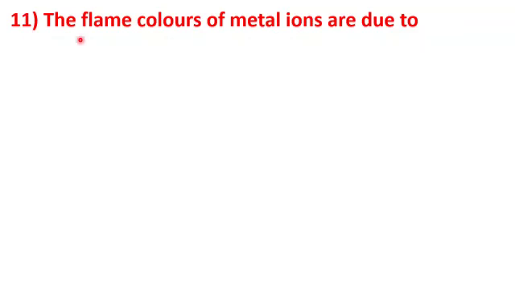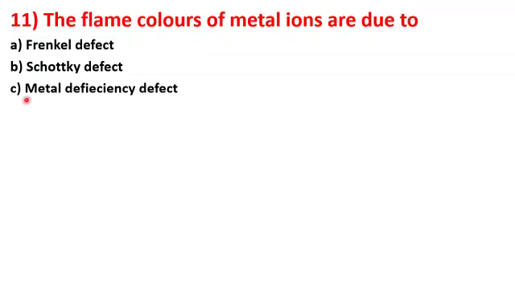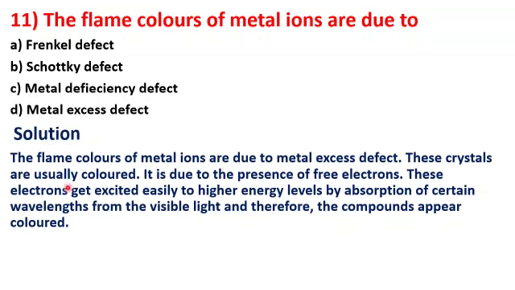Question number 11. The flame colors of metal ions are due to option A Frenkel defect, option B Schottky defect, option C metal deficiency defect, option D metal excess defect. So let us see the solution. So the flame colors of metal ions are due to metal excess defect.